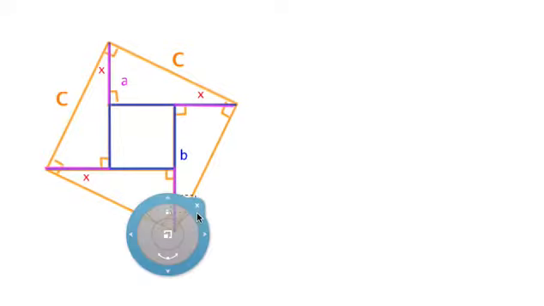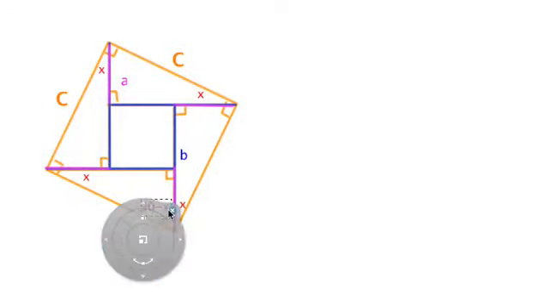Then since this is 90 degrees and this angle is X, that means this angle has to be 90 minus X because they're complementary. So it's got to be 90 minus X.